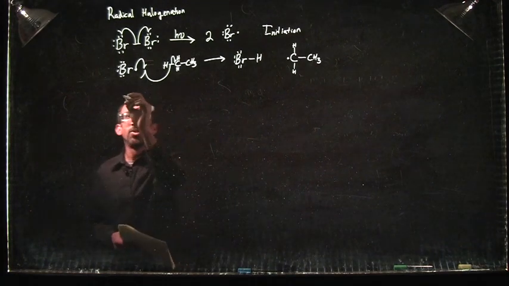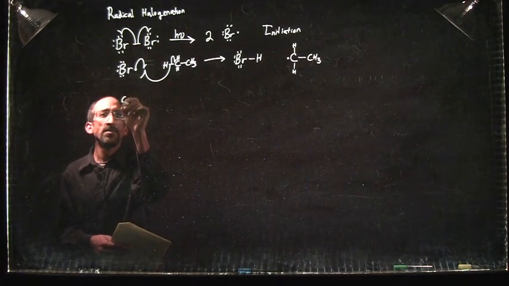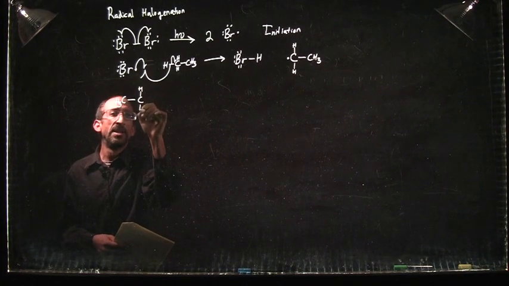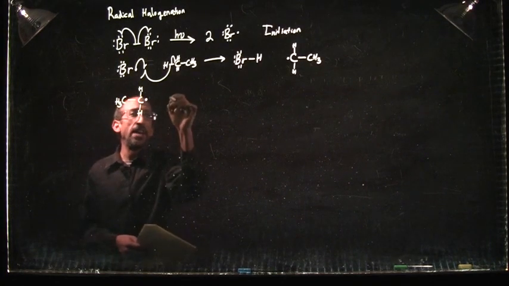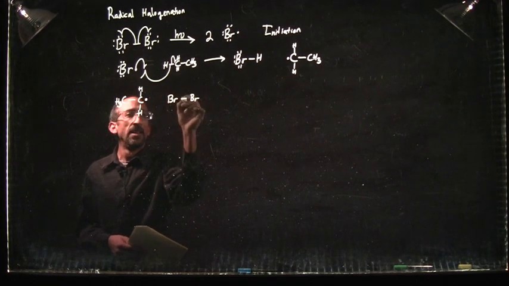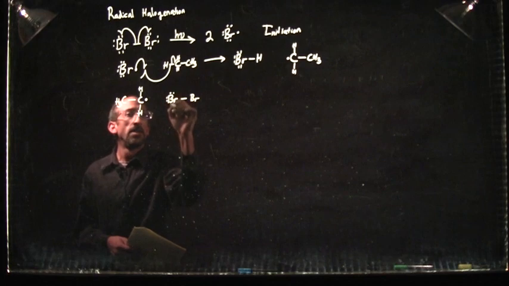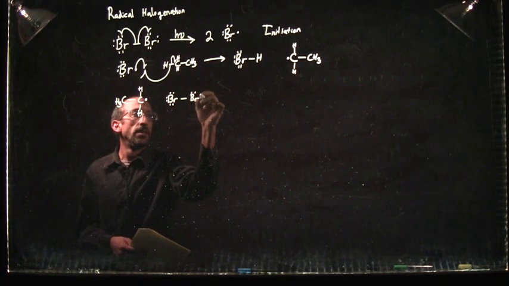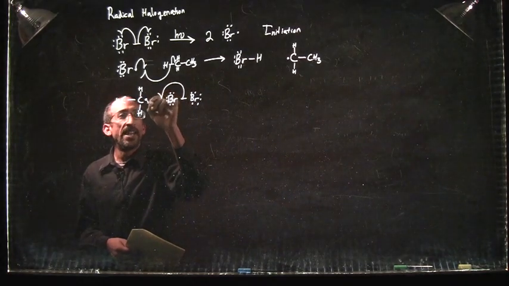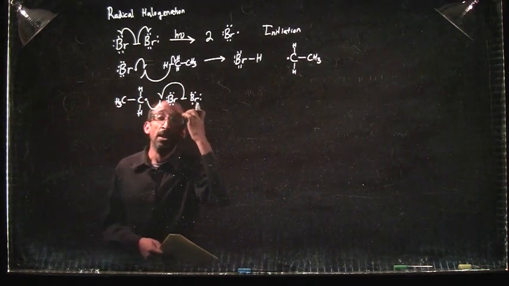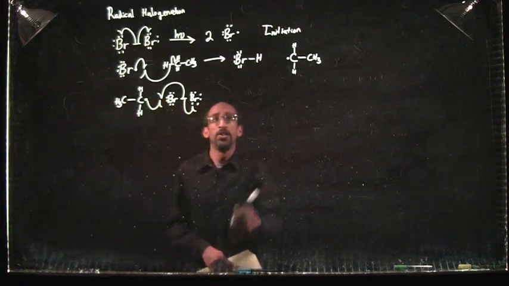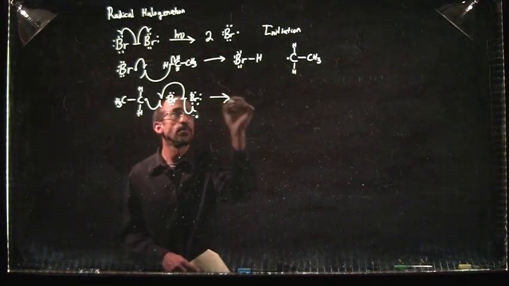That carbon-centered radical goes on in a subsequent step to react with a new molecule of bromine, where we're going to end up attaching a bromine to our carbon radical, simultaneously generating a new bromine radical.